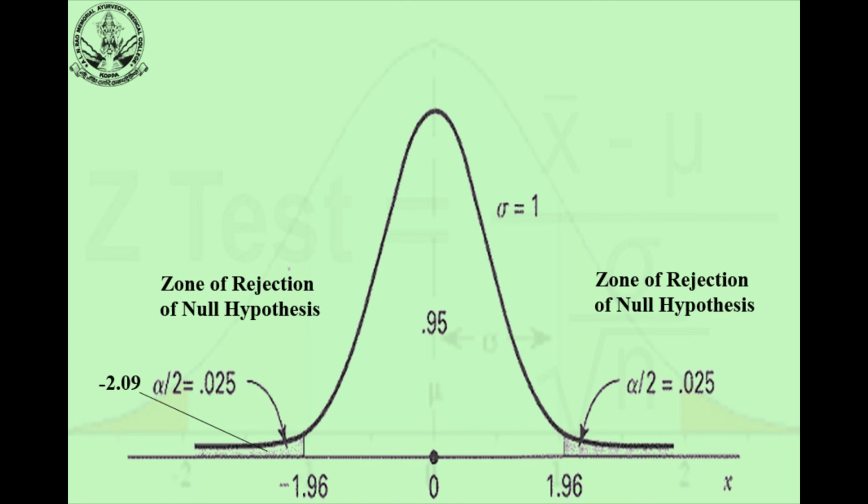This was the acceptance zone of the null hypothesis, in between minus 1.96 to plus 1.96. But it is coming out of this zone. It means this is the rejection zone of the null hypothesis, or the acceptance zone of the alternative hypothesis. I think you would have understood this. So in this case we will reject the null hypothesis.